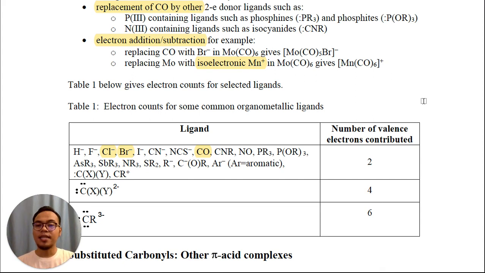Certain metals can have less than that. For example, the early series of your transition metals or the later series of your transition metals. For the early series, the factor is steric factor. The size is too small, hence it cannot accommodate more electrons or more ligands, hence having less than 18 electrons. For the late series of your transition metals, they are having issues with the energy. What kind of energy?